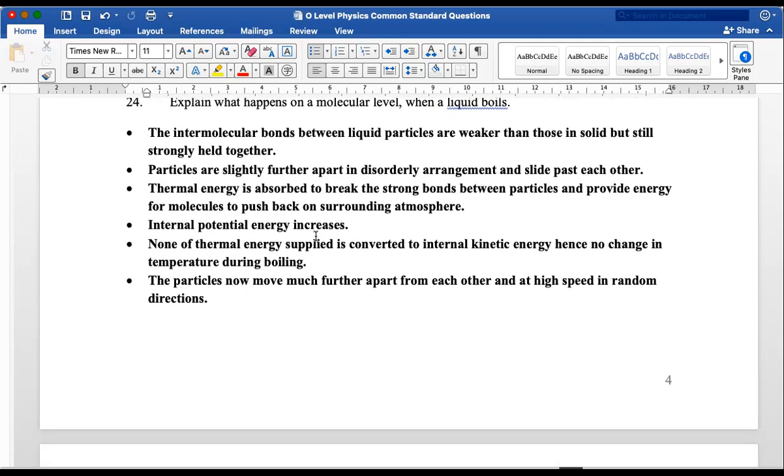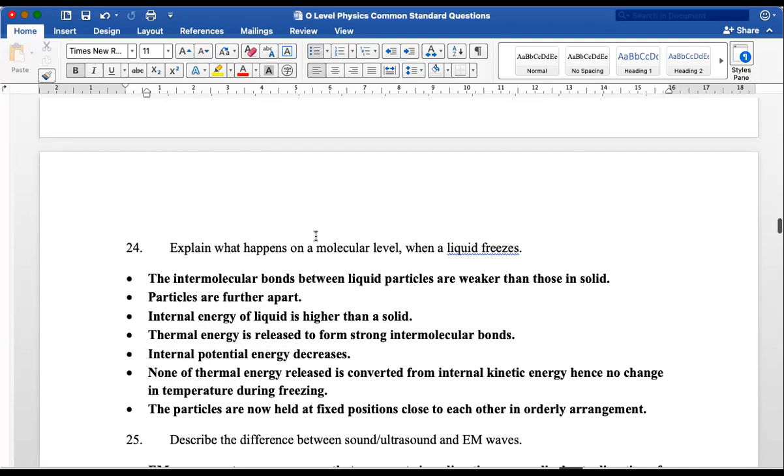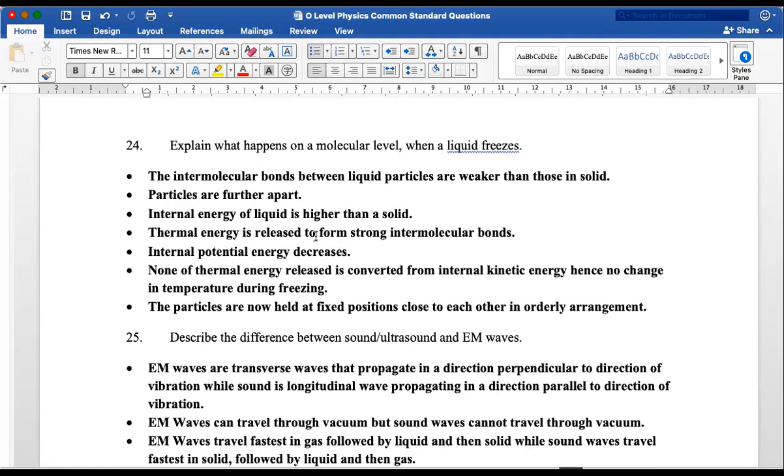Internal potential energy increases. None of the thermal energy supply is converted to internal kinetic energy, with no change in temperature during boiling. The particles now move much further apart from each other and at high speed in random directions.